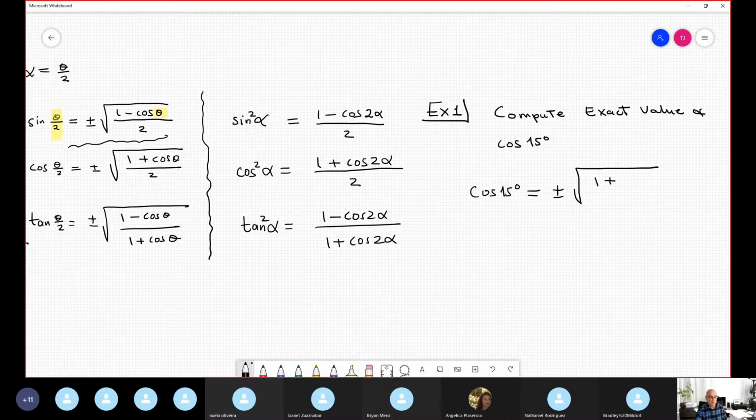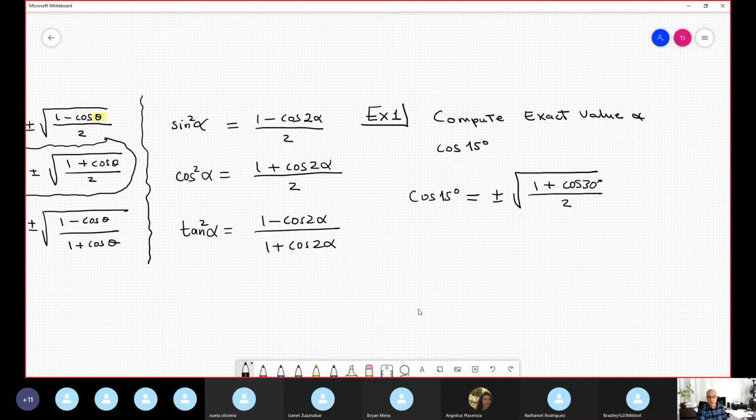Look, you consider in your mind that theta over 2 is 15 because I know that 30 divided by 2 is 15. So 1 plus cosine 30 degrees, divided by 2.